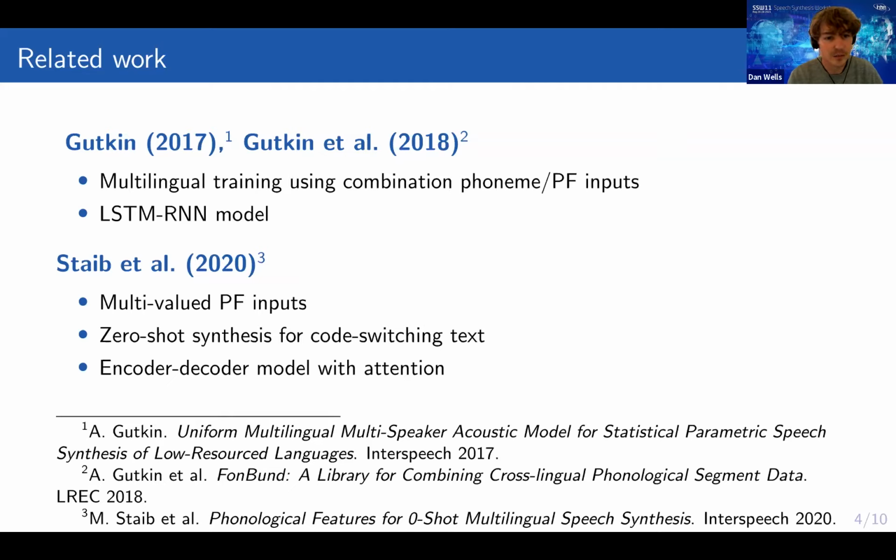And then this Staib et al. paper also used phonological feature inputs, a slightly different formulation from ours, but similar in principle, for zero-shot synthesis in code-switched text. So if you have some German words, for example, embedded inside an English utterance, you can just feed through the phonological feature vectors for those target words without worrying about doing any fine-tuning at all.